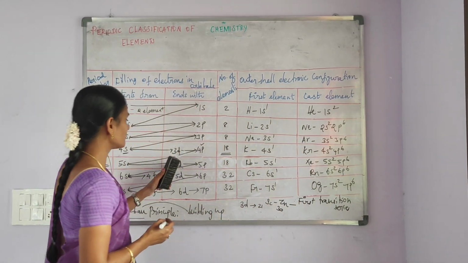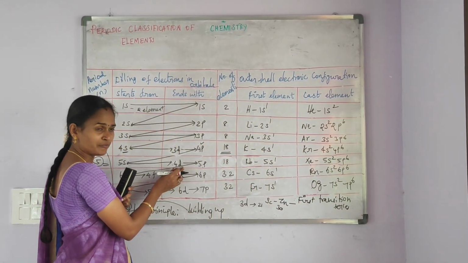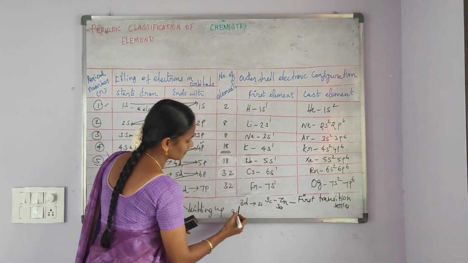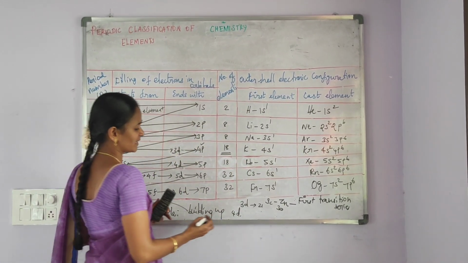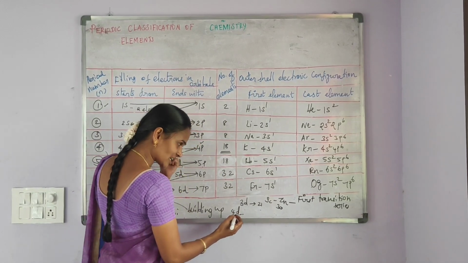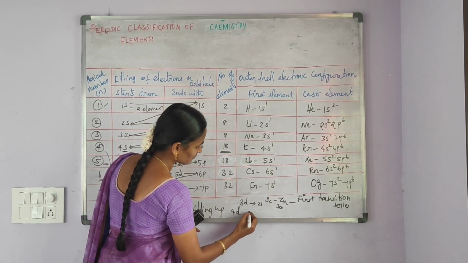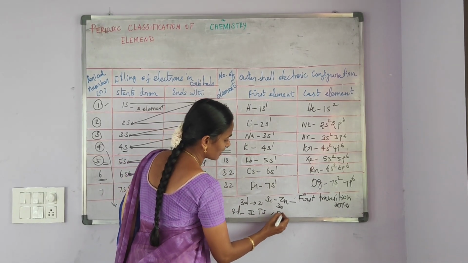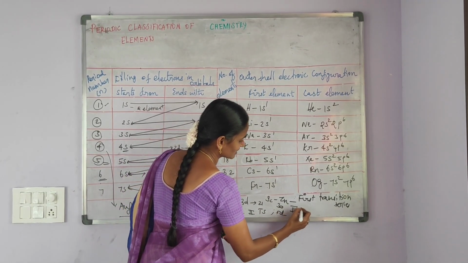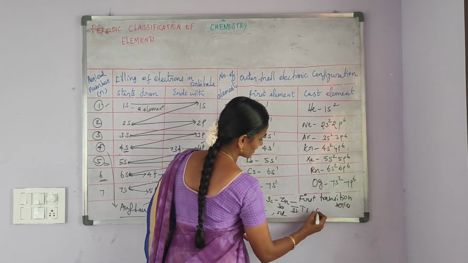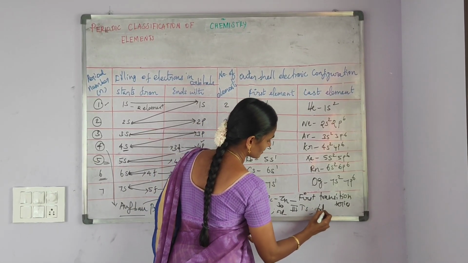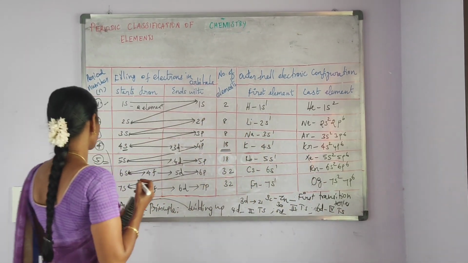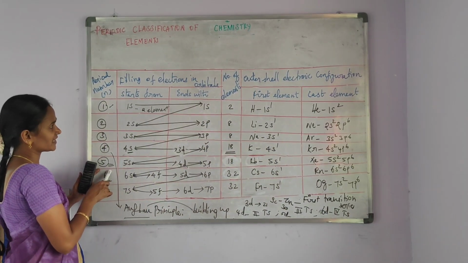The elements involved in the filling of the 4d orbital, 5d orbital and 6d orbital are collectively called the second transition series, third transition series and fourth transition series respectively.